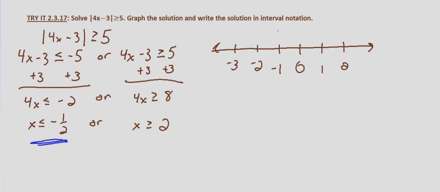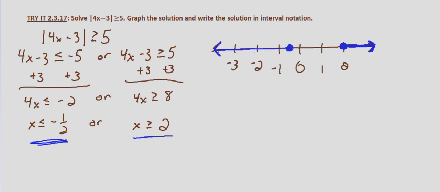So we make a closed circle or a bracket at x equals negative 1/2, and then we're going to the left because it's less than or equal to. And now we'll go to this part, which is x is greater than or equal to 2. Again, it's inclusive, so we put a closed circle or a square bracket. We're going to the right.